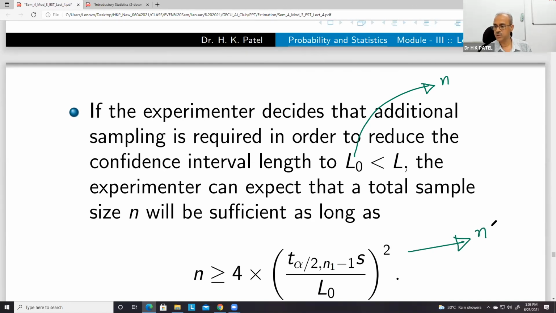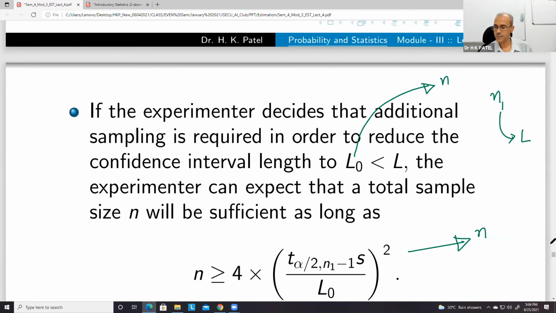What is this value? This value is the number of sample elements required to get a confidence interval of length L0. We have n1, which gives a confidence interval of length L. So what additional sampling is required?